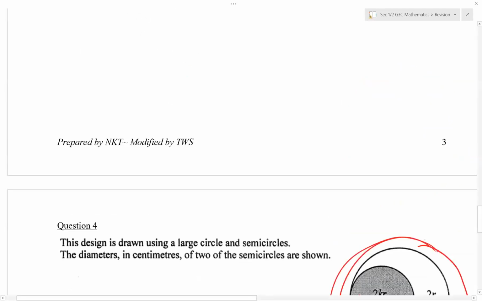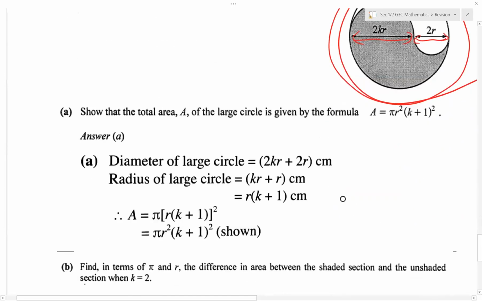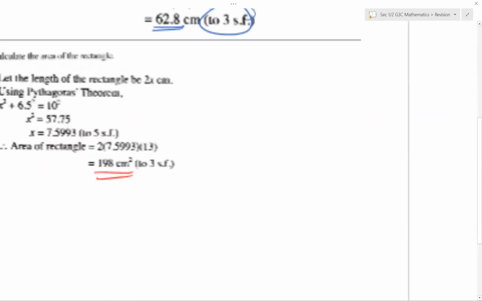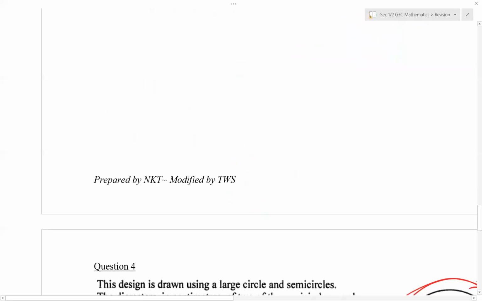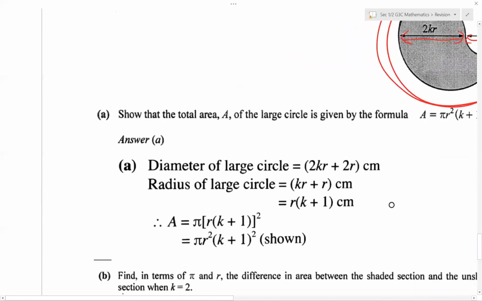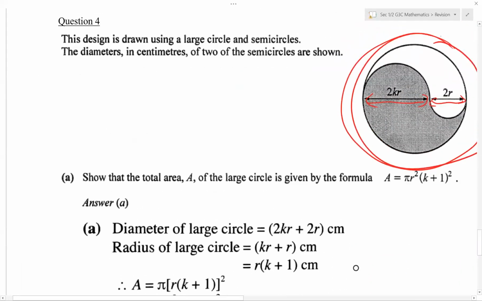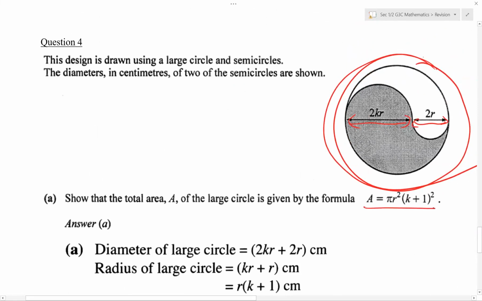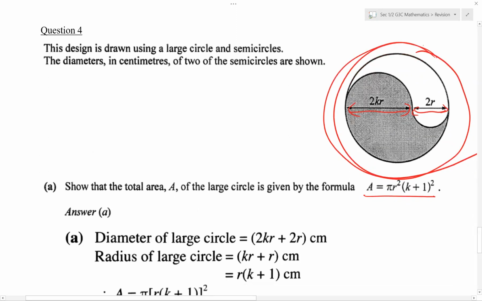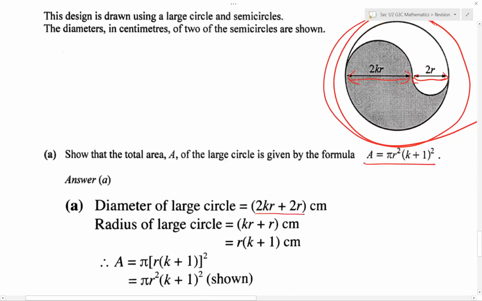Okay, let's see what exactly the question wants. Show that the area of the large circle is given by the formula. Based on what Omera helped us with, we can find the radius. Then area of the large circle must be pi r squared. So diameter of the large circle, yes, we add them up.